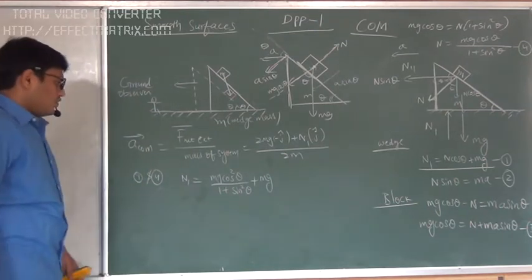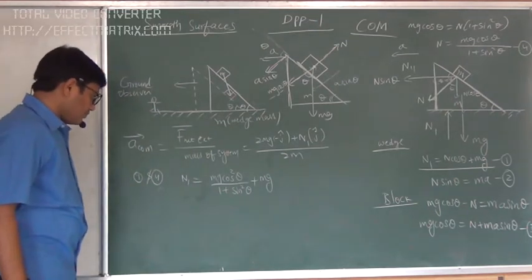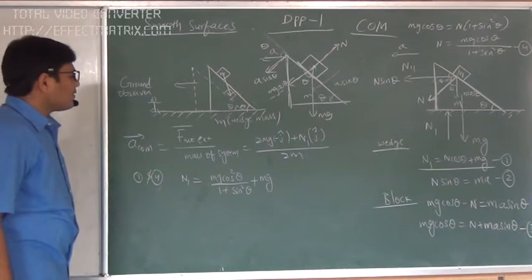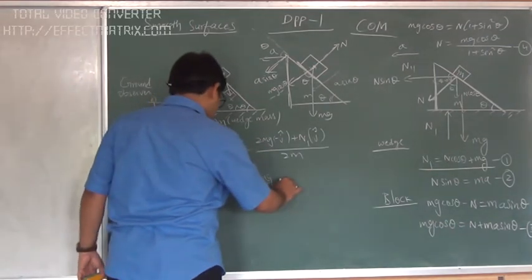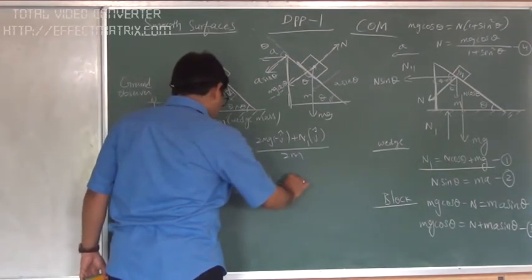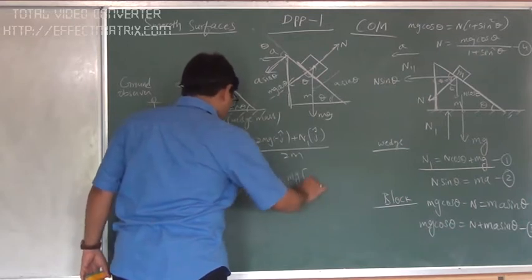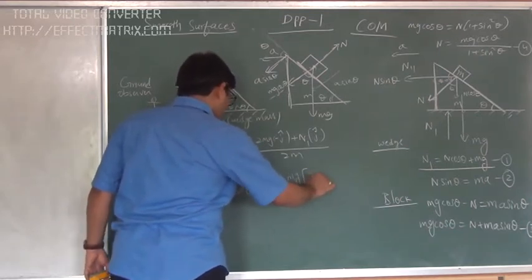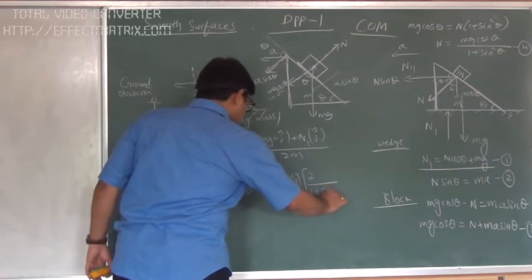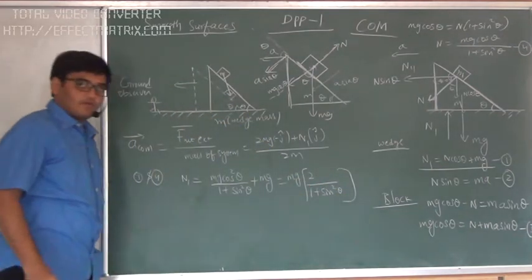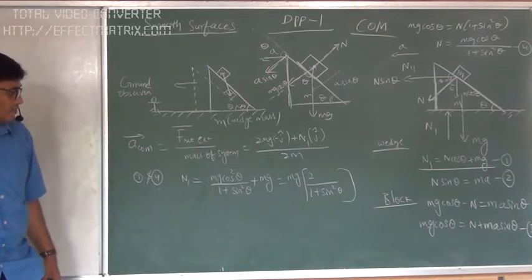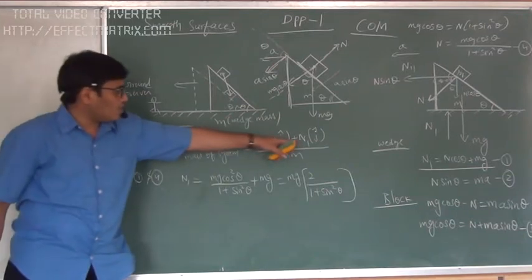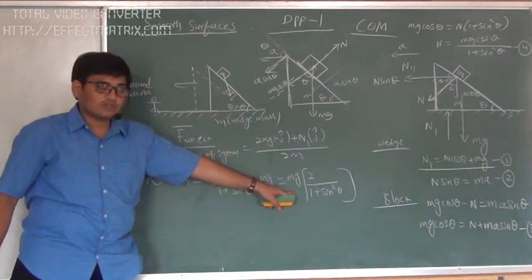We can take mg common. So what we will get is 2 upon 1 plus sin square. Are we right? N1 is 2mg upon 1 plus sin square theta. This is N1. So we should replace N1 with this 2mg upon 1 plus sin square theta.